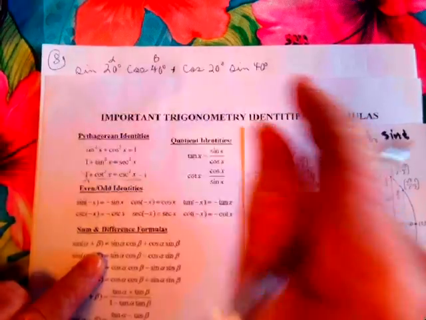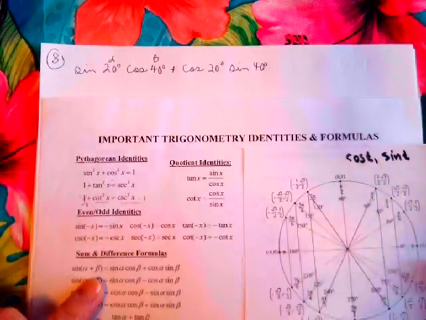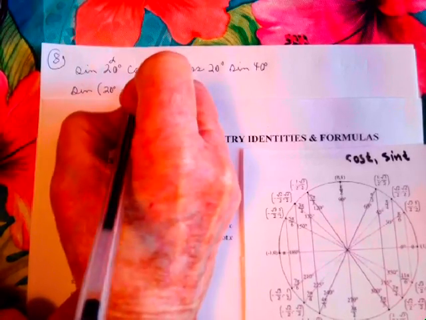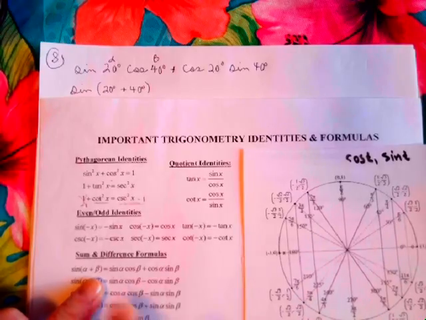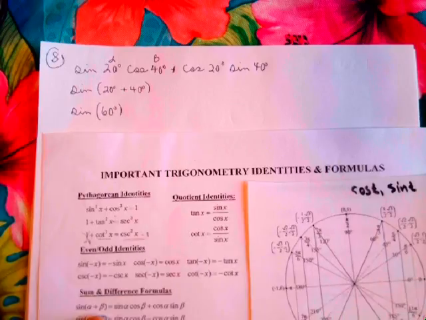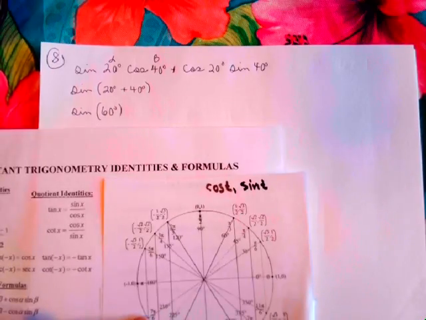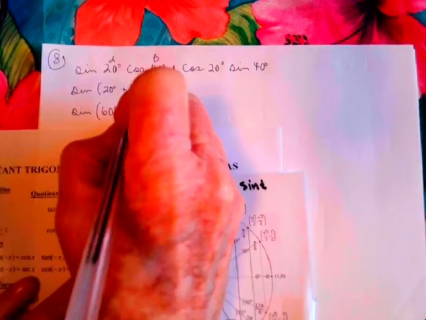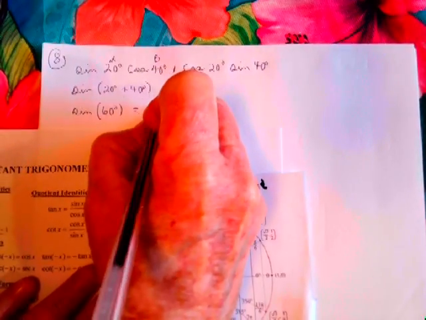This expression is the same as the sine of 20 degrees plus 40 degrees, because it fits this. 20 degrees plus 40 degrees is 60 degrees. The sine of 60 degrees from your exact value chart or either from your unit circle. Here's 60 degrees. The sine is square root of 3 over 2. Final answer.